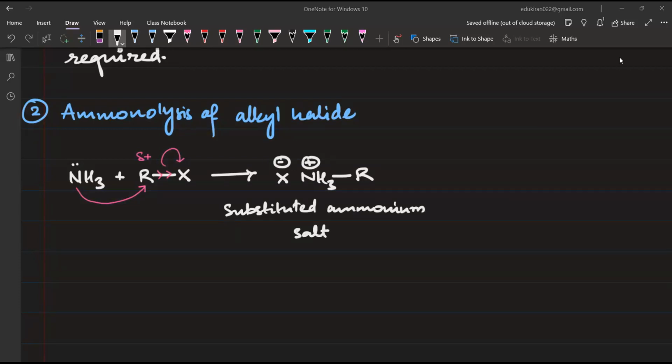Now, when we react this with NaOH, it leads to the formation of primary amine, that is RNH2, plus water and the sodium halide, whatever X group is present here.